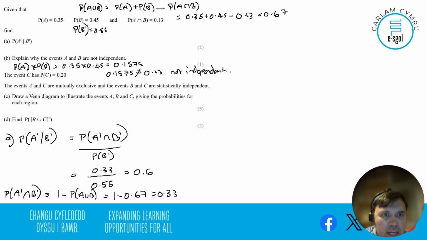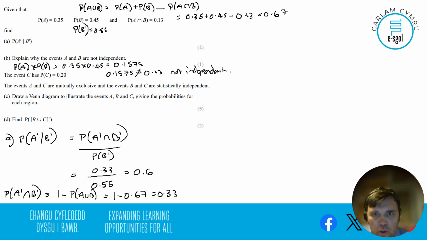The events A and C are mutually exclusive, and the events B and C are statistically independent. So A and C are mutually exclusive. So like I said at the beginning, they're not going to have any crossover points. And you're also told that B and C are independent.